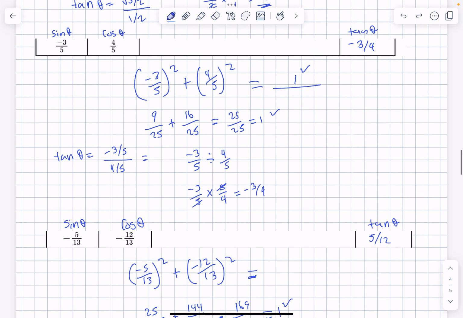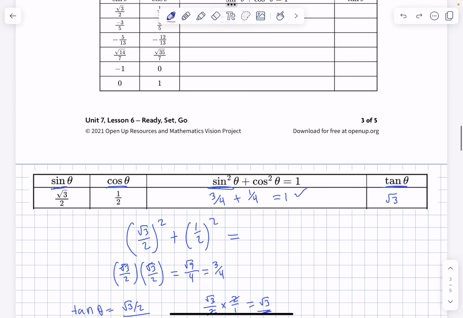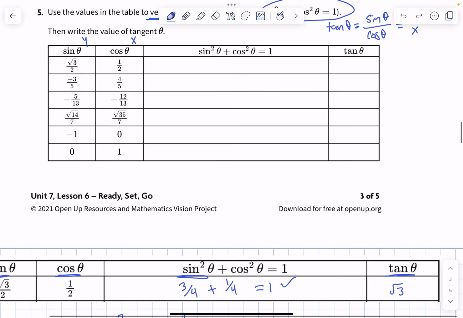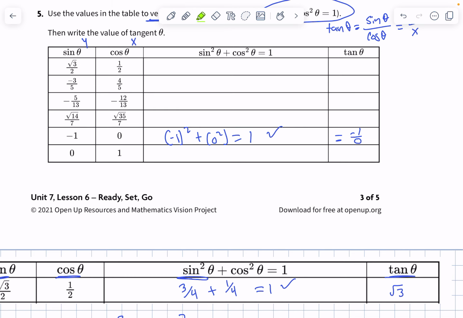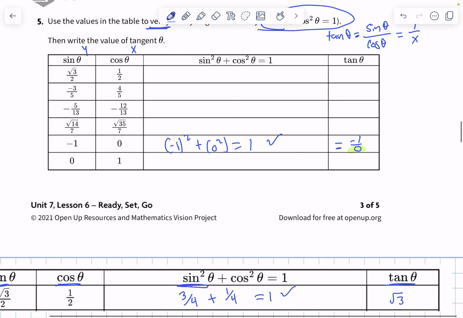And now let's do -1 and 0 here. This one's not terrible. So sine squared plus cosine squared is going to be -1 squared plus 0 squared equals 1. That is a true statement. Now what's tangent? Tangent is going to be equal to -1 over 0. That's not possible. This is a red flag, because this is undefined.